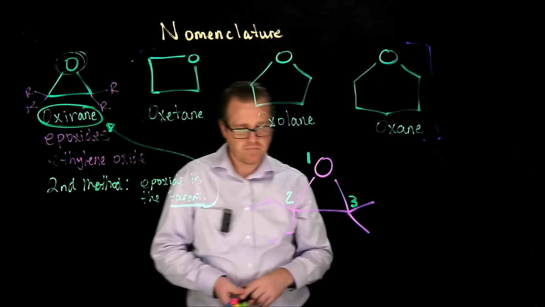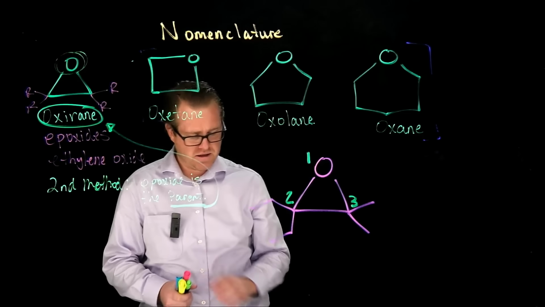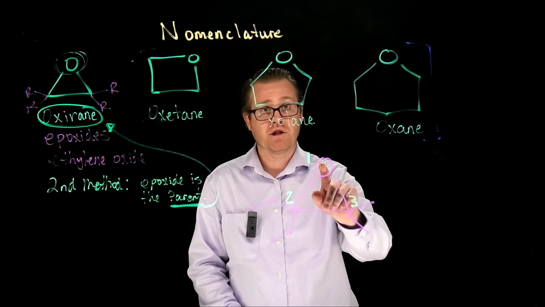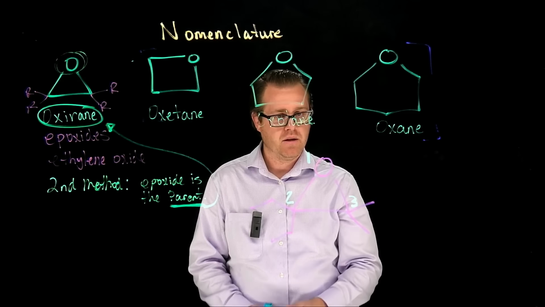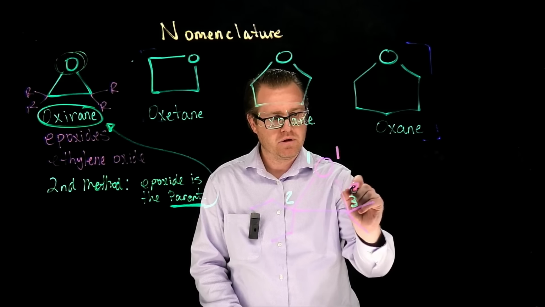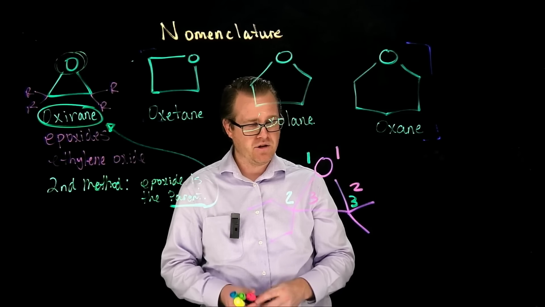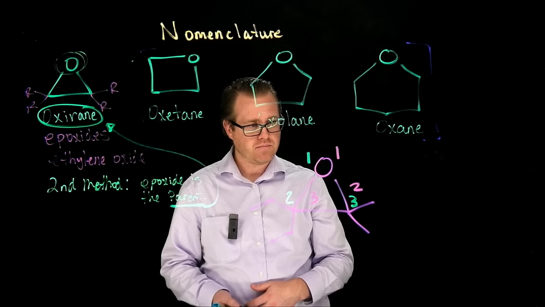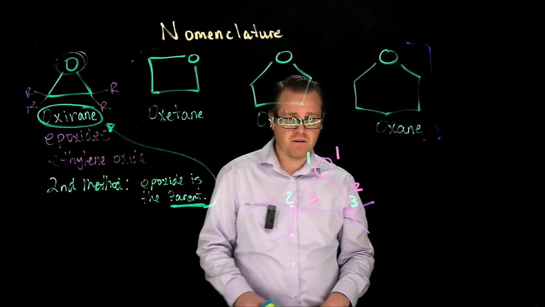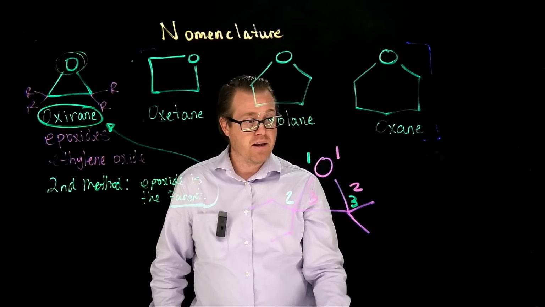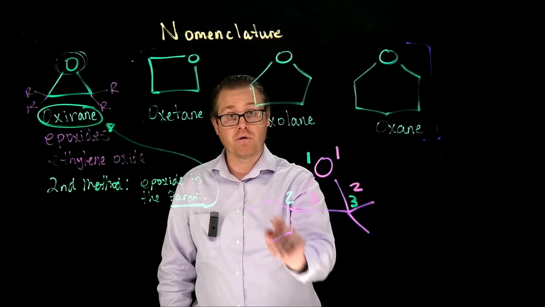All right. Now let's pay attention to this. You always number the oxygen as number 1. But why didn't I go 2, 3? Why did I not do it that way? Well, in this particular case, we have these 2 carbons right here. They both have 2 R groups.